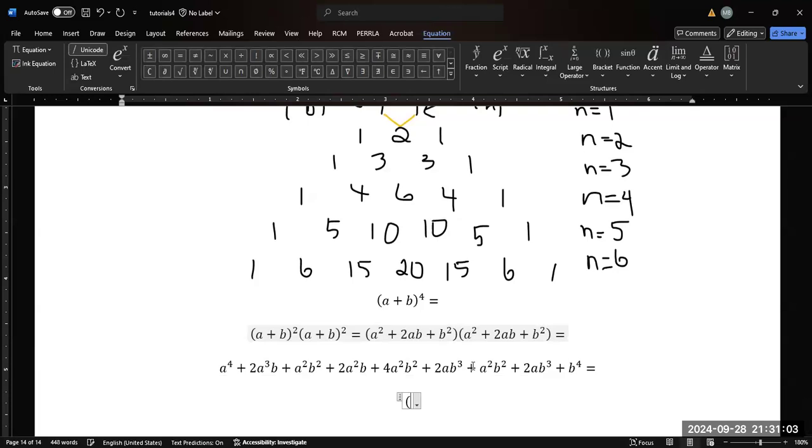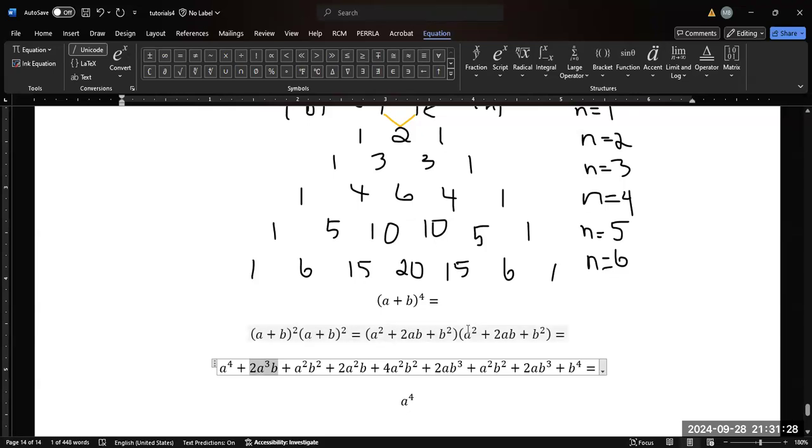And when we combine like terms, we get a to the fourth. Here's 2a cubed b. I think I have a typo right here. Let me double check.